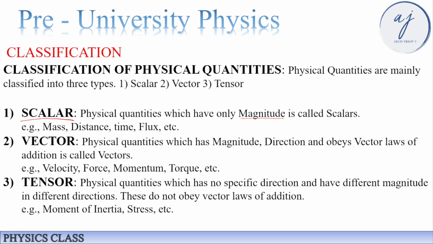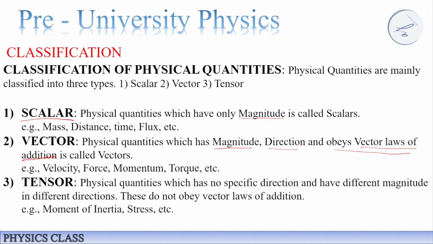Vector. Vector is also a physical quantity, but it has magnitude, direction, and obeys the vector law of addition. I understand that the last term, the vector law of addition, is not mentioned in your textbooks, or your class teacher may not have discussed it in the classroom.